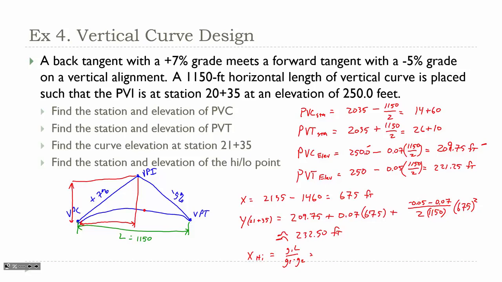So minus a negative becomes a positive. This should give us an answer somewhere between 0 and 1150. So those are the bounds.